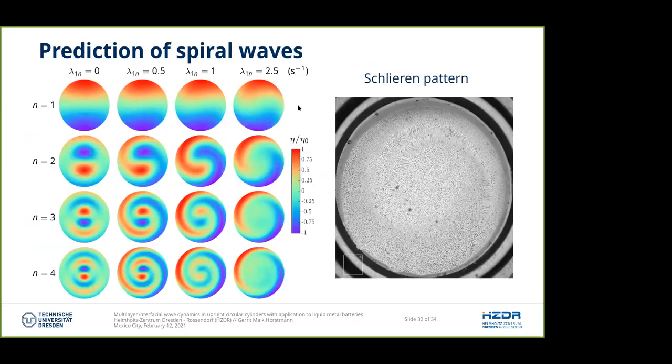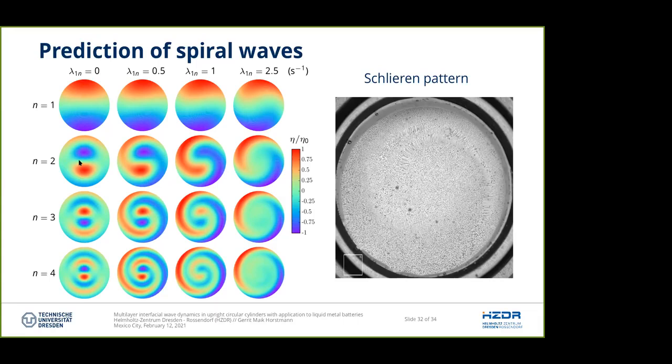And finally, as an interesting, more fundamental result, my theory predicts the formation of spiral waves under the effect of damping. So here you can see the classic wave solution when there is no damping. And then I calculated just the shape of the wave, here normalized by the maximum amplitude for different damping ratios. And you can see that in the higher wave modes, you find a spiral wave structure, which is interesting from a fundamental point of view, because, for example, these waves have a chirality, they break the symmetry.